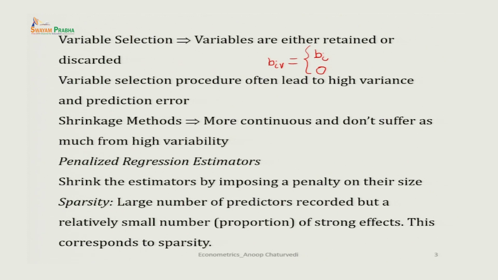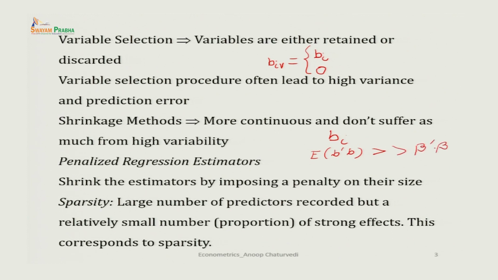Now, first we discuss the penalized regression estimators. One of the problems of multicollinearity is that the OLS estimator b of the regression coefficient vector is large in magnitude. You have observed that the expectation of b transpose b is much bigger than beta transpose beta.